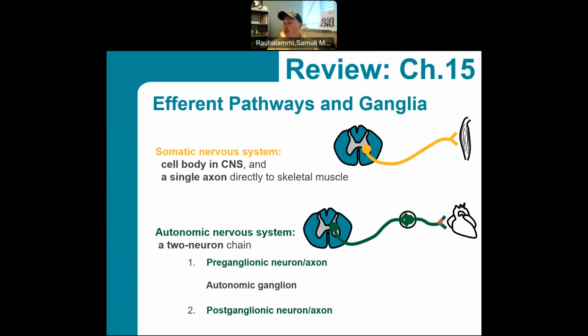The second neuron, which actually reaches the target organ or target structure, is known as the postganglionic neuron. So we have preganglionic and postganglionic neurons. That's a difference you'll see between these two branches, somatic and autonomic, even at the level of the structure.